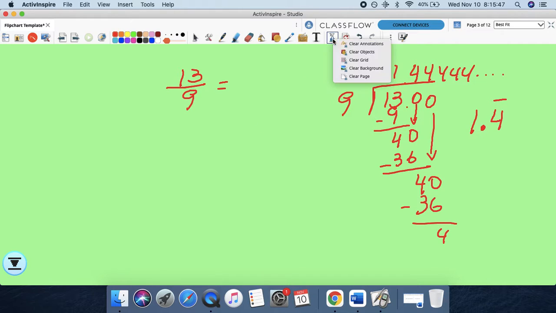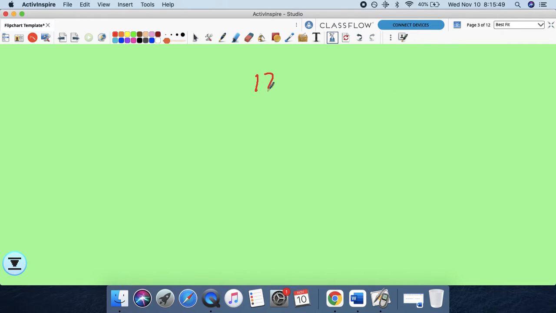The second question is the same, 17/18. So let me write it like this. We're all familiar with the different ways of writing it, different representations, right? So we put a 0, add a decimal.